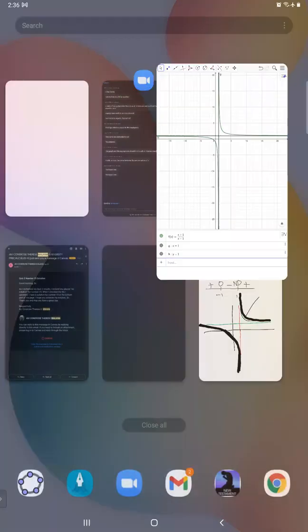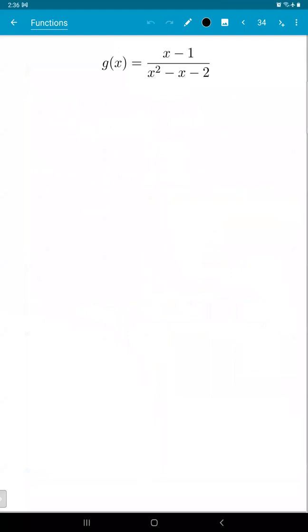Okay, another example. I will just be giving you the values, the intercepts, the domain, and then we'll just discuss how to find the asymptotes.